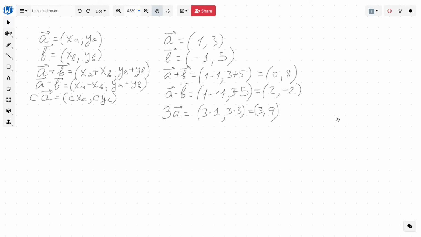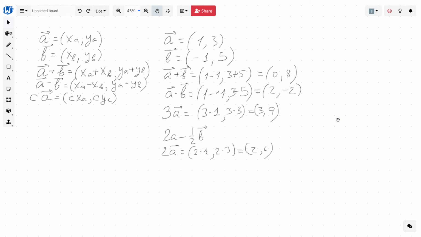Now let's make something more complicated. Let's say we have 2a minus half b. Well, first we'll calculate 2a, which is going to be 2 times 1, 2 times 3, which is 2, 6.